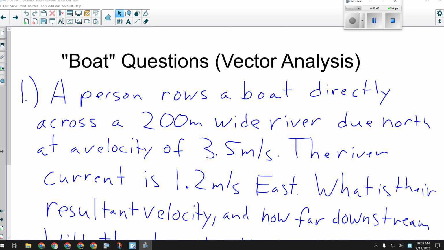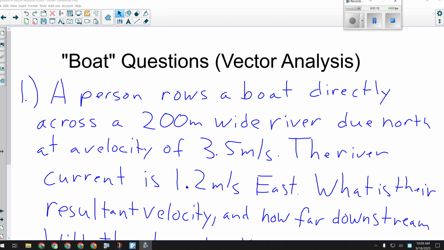Boat questions are if I am on one shore and I'm trying to get to the other shore. There's really two scenarios. I want to end up straight across the river from where I am. If you want to end up straight across a river that is flowing perpendicular to you, do you row straight across?